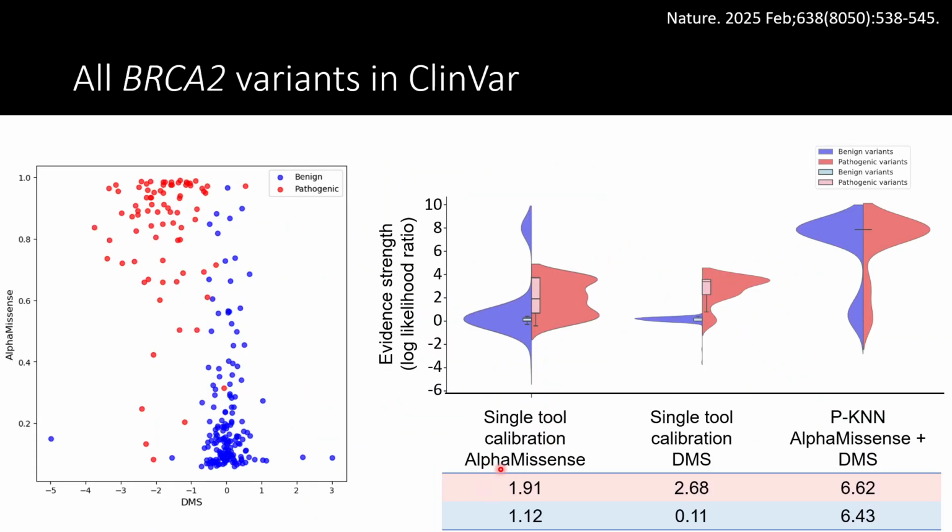If we calibrate AlphaMissense alone in these BRCA2 variants, this is the evidence strength. And if we calibrate the deep mutational scan, this is what we got. And if we jointly calibrate these two, we get much stronger evidence, and actually even stronger than the direct summation of these two tools, which is the evidence summation proposal.